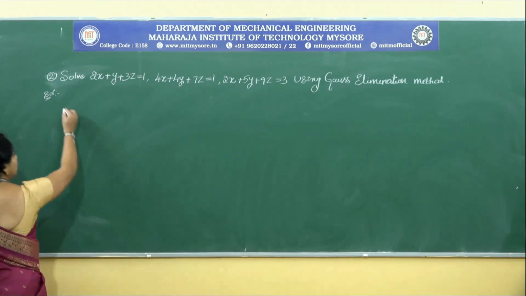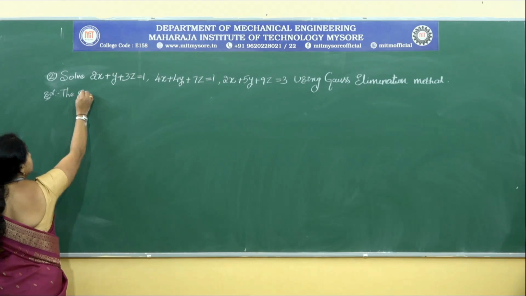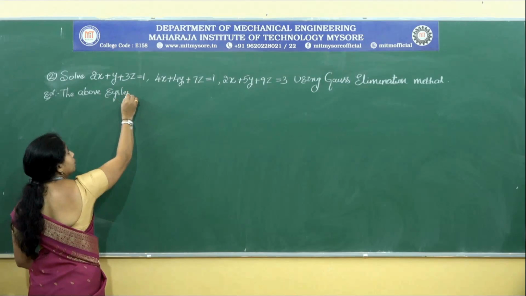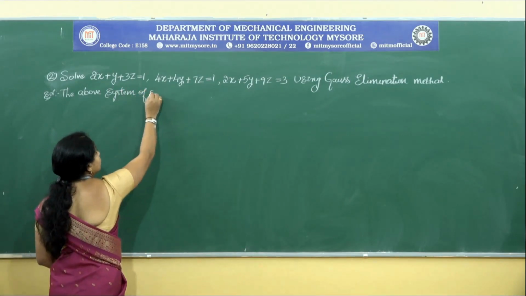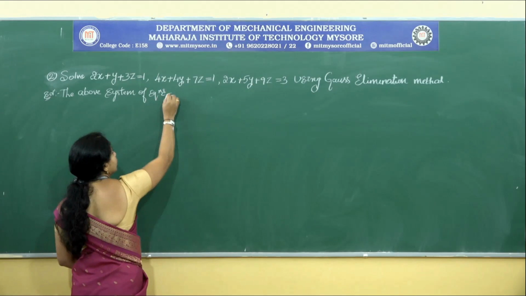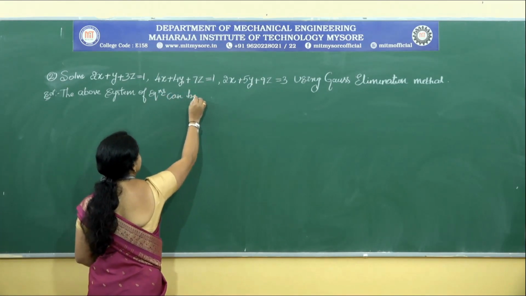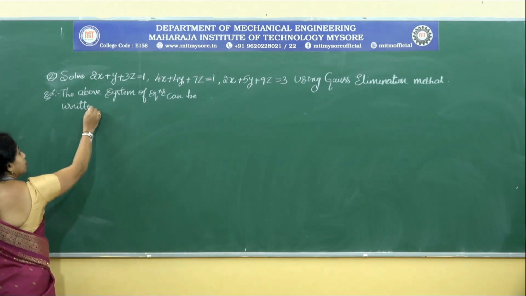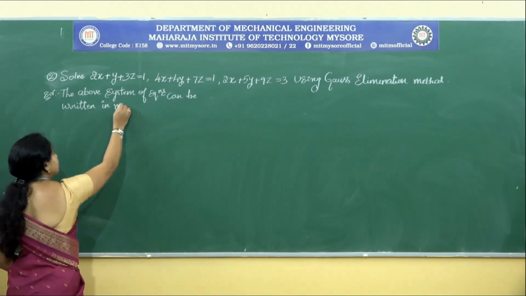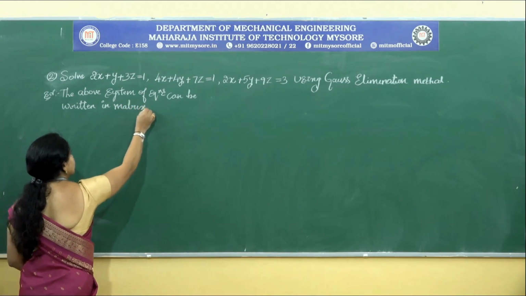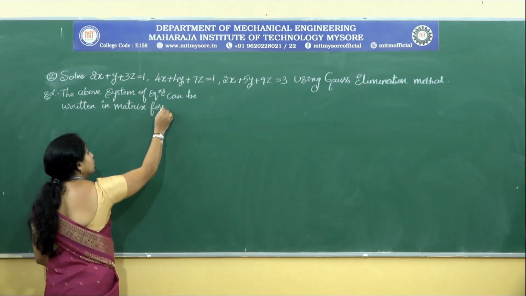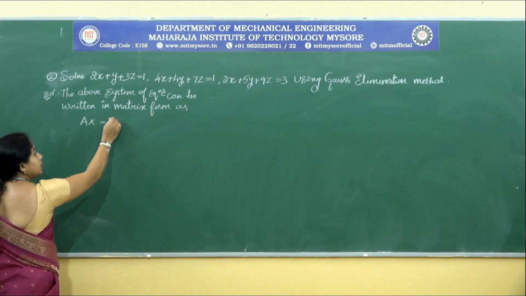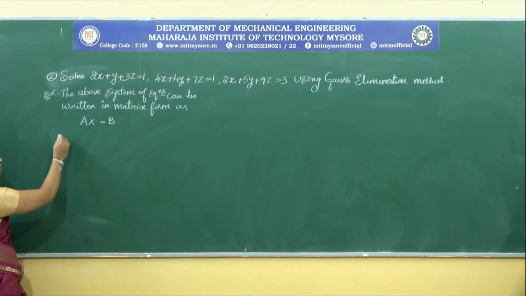The first step is to write the above system of equations in matrix form as Ax equals B. Write the coefficient matrix.